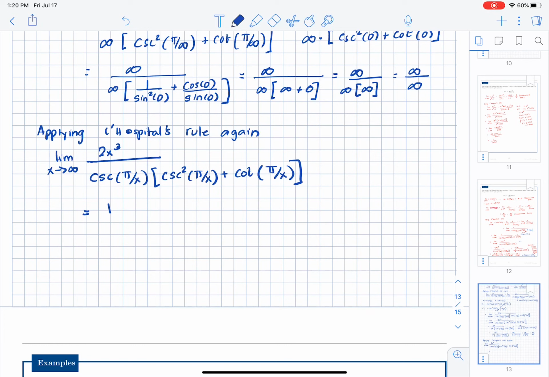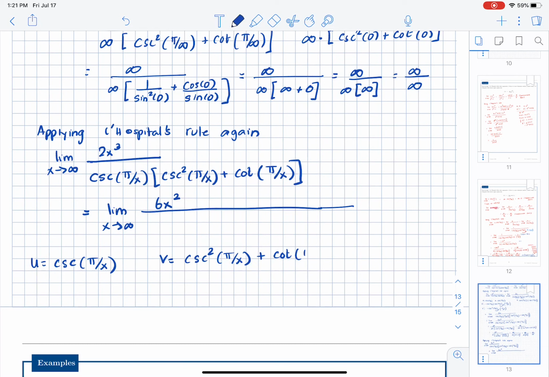The derivative of the numerator is 6x squared. Divided by, u is cosecant pi over x, v is cosecant squared pi over x plus cotangent pi over x. U prime is negative cosecant pi over x, cotangent pi over x.